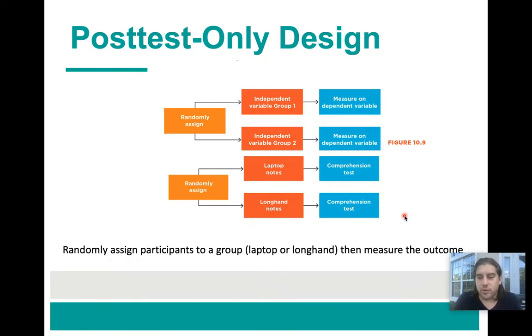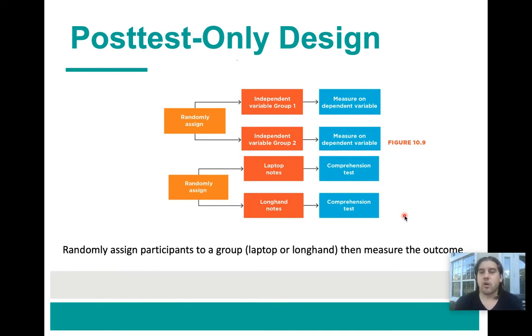We don't actually know anything about these people pre-test, before. Pre-test would be giving them a comprehension test first, then manipulating note-taking, and then looking at their comprehension after. That's not what we do here. We don't have a pre-test. All we do is manipulate, and then we post-test.